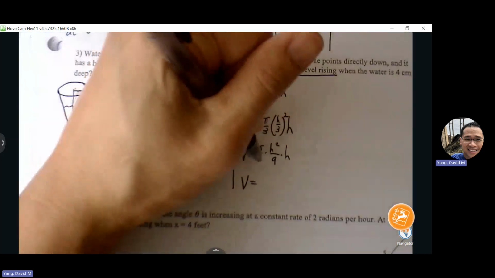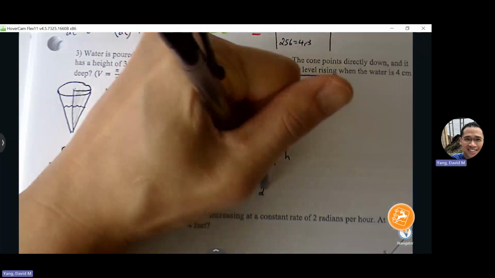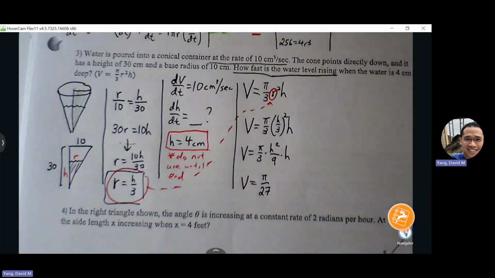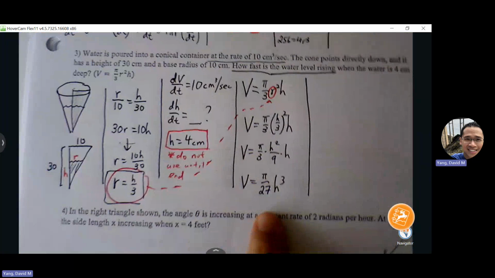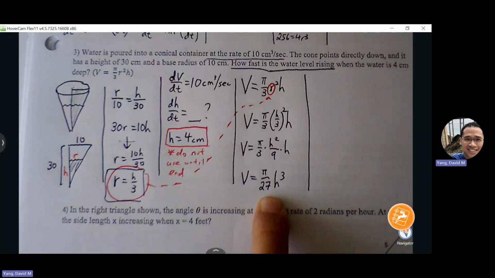The 3, the 9, and pi, I'm just going to make it all come together as pi over 27. And the h squared times h can be combined to be what? H cubed. So a much easier equation to find the derivative of.